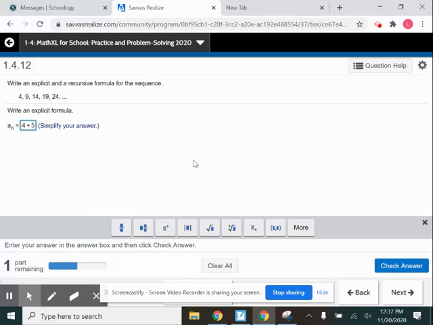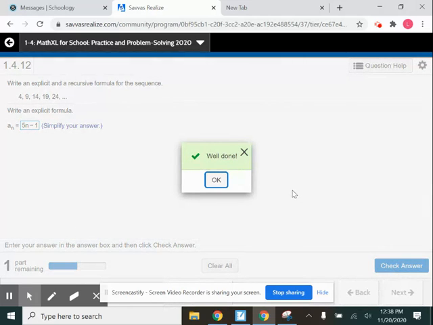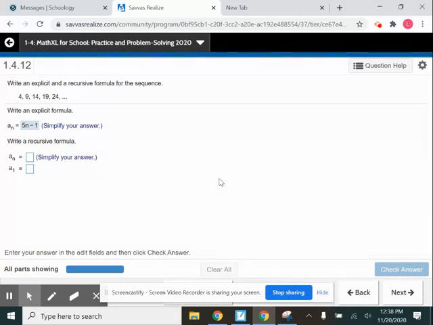So when I distribute, the 5 times the n is 5n, the 5 times the negative 1 is minus 5. This is what it looks like once you distribute, but then the 4 and the negative 5 can be combined together, and that makes a negative 1. So your final answer simplified is going to be 5n minus 1. And if I click down here to check answer, you can see that was what they wanted.